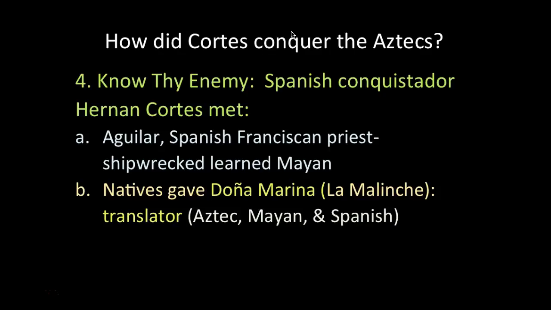And the native Aztecs gave him a woman named Doña Marina, who is also known as La Malinche, and she became his translator. She was Mayan and had been taken by the Aztecs to be used as a slave, so she didn't really have allegiance to the Aztec people.